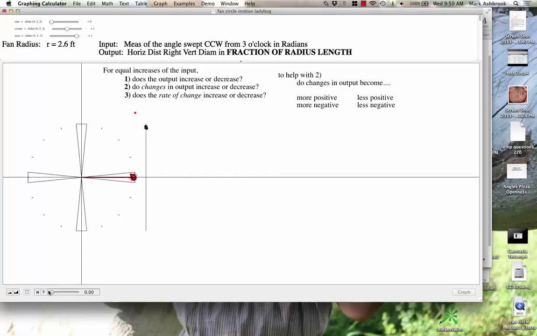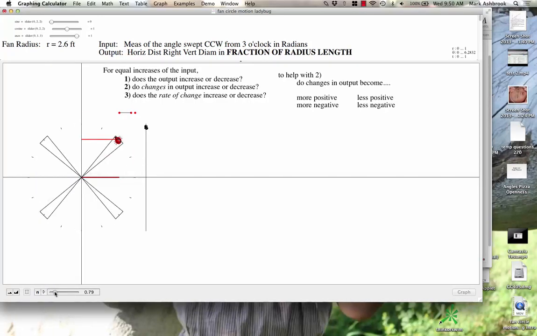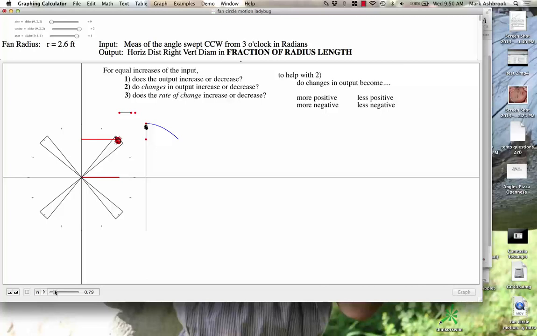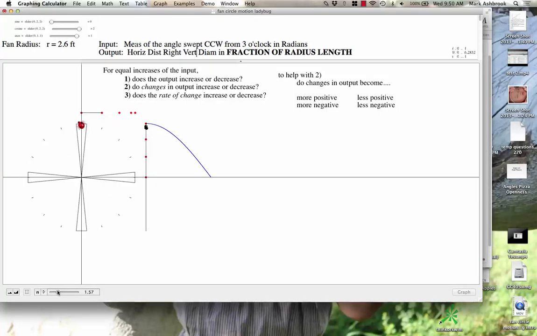So the rate of change is? And the graph is? Concave down. Let's see it. Ready? Here it goes. Decreasing changes means a negative rate of change means concave down. I'm going to post web work this morning.